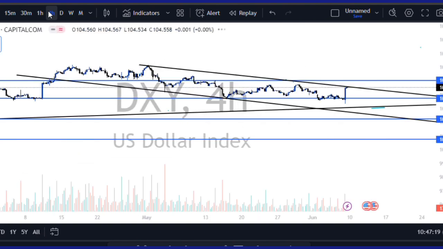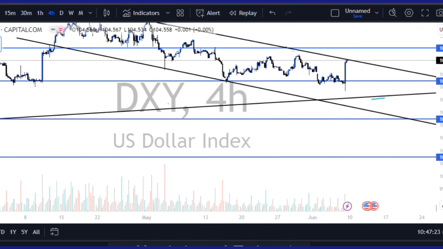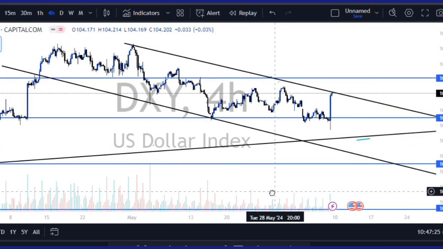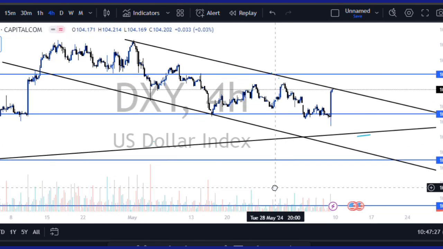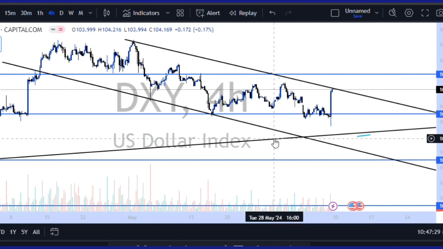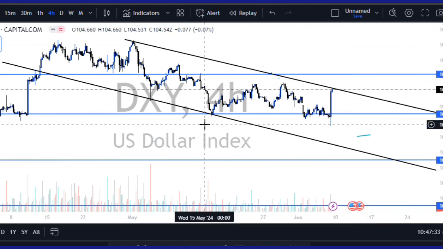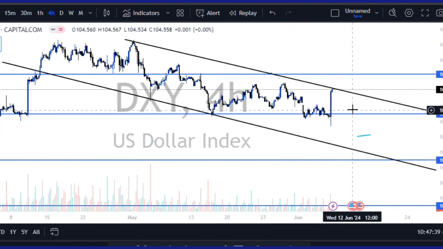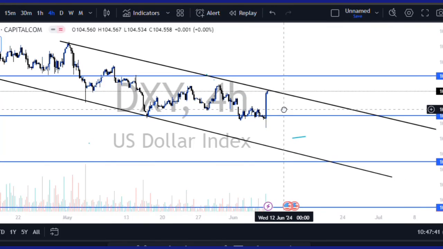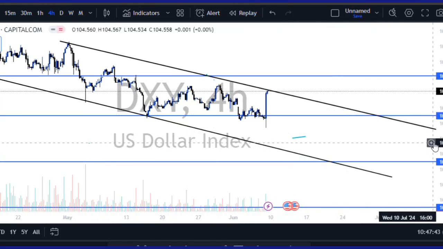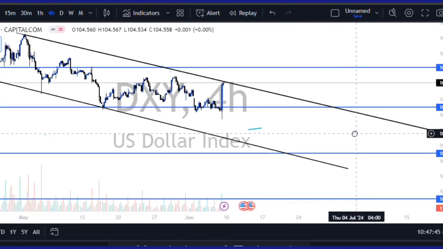I just want to see the overall direction of the DXY pair so that I can get a very good entry on gold. Let me clear my chart. I just want my chart to be clear, so guys, I don't want you to be confused at any point.